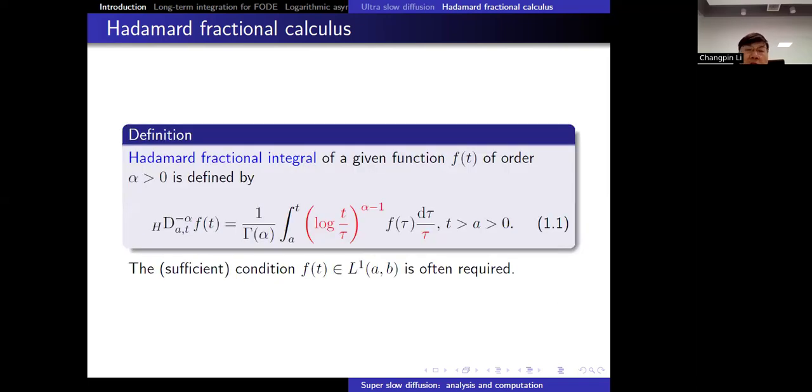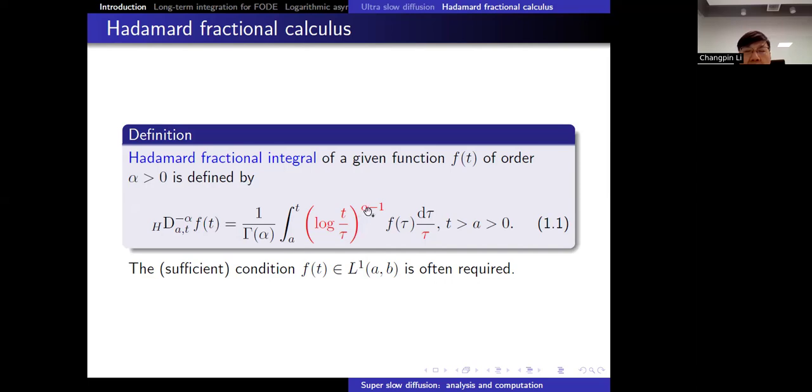Now we introduce the Hadamard fractional integral. f of t is given, and it's a fractional integral with order alpha. This is positive. It's given like this, with the integration over d tau over tau, and this is the kernel.